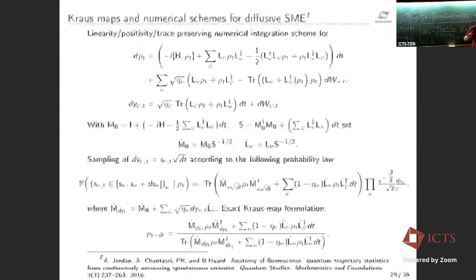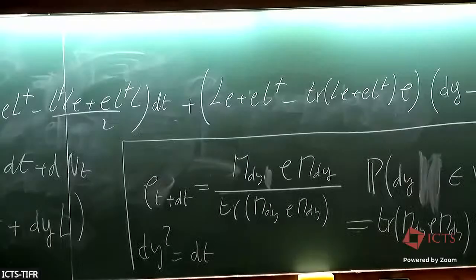You don't care about what dW is. And you know that dy is of order the square root of dt. So use this, and you obtain exactly this. It is just an exercise with Ito rules to prove that this is exactly this, noticing that dy squared is equal to dt.